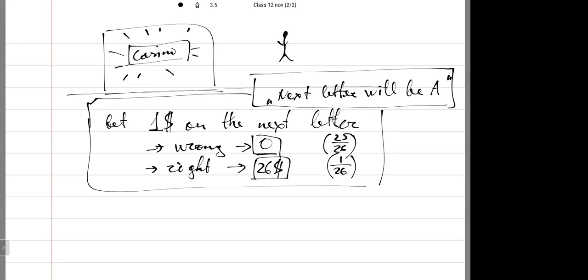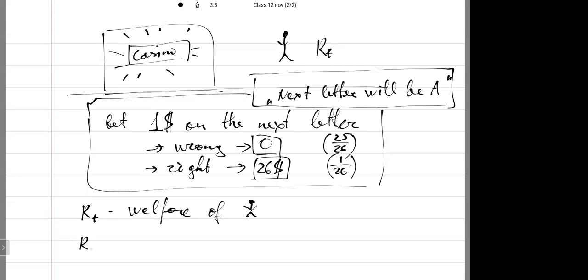Let's call the welfare R_t, not W, because W we will use for the Wiener process. R_t is the welfare of this guy.